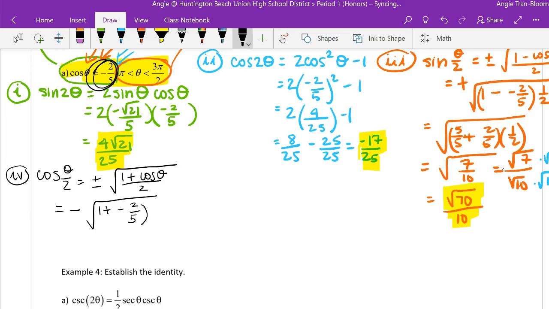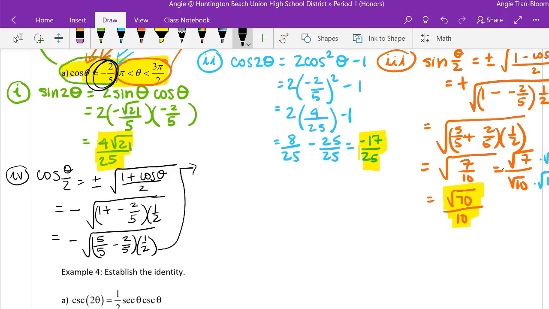Dividing by 2 is like multiplying by 1/2. Common denominator again, 5 over 5, take away 2 over 5, times a half. I'm out of space, so that goes here, still negative in front. 5 over 5 minus 2 over 5 is 3 over 5, times a half is 3 over 10.